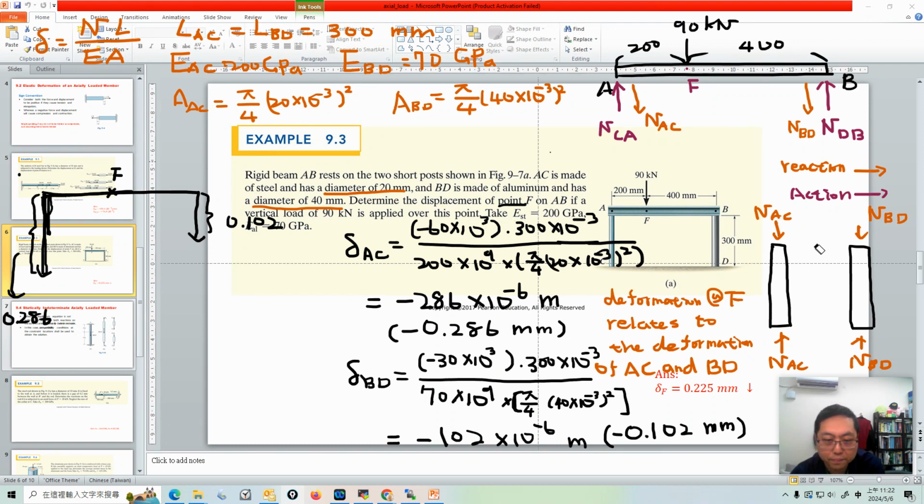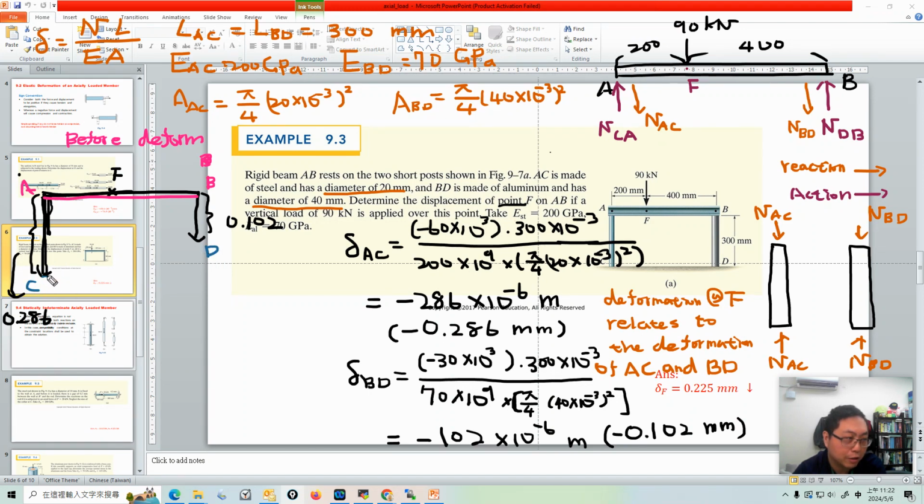Before deformation, AFB is a straight line. After deformation, we have deformation on AC and on BD.